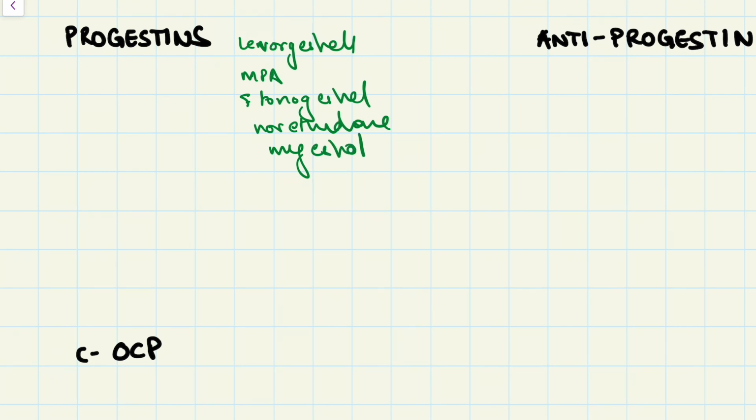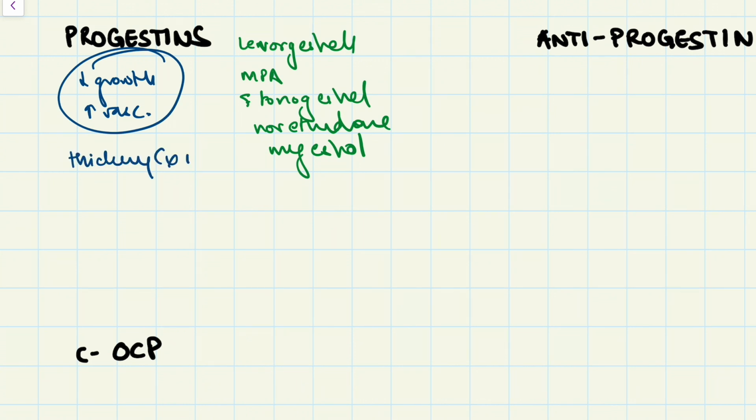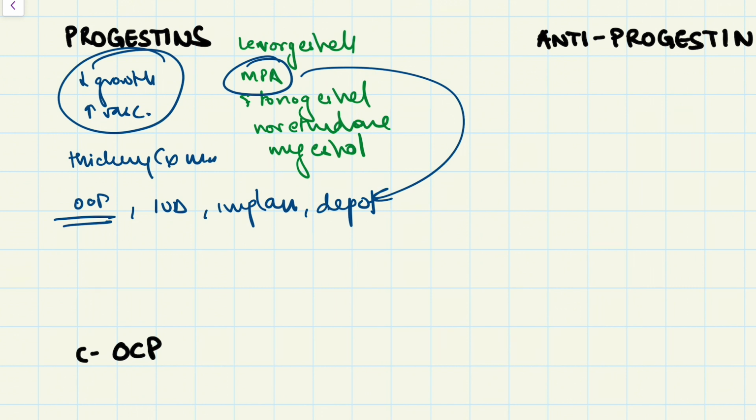Right, so what they will do is that they will bind with the progesterone receptor, they will decrease the growth and increase the vascularization of the endometrium. Also, it is responsible for the thickening of cervical mucus. Right, it is used in oral contraceptive pills. It can be used in IUDs, implants, and the depot injection, which contains medroxyprogesterone acetate, we already know.